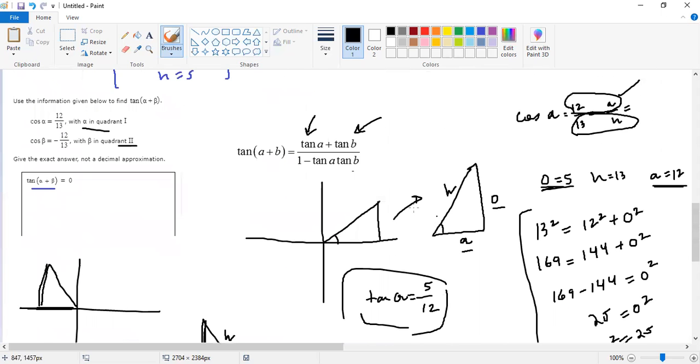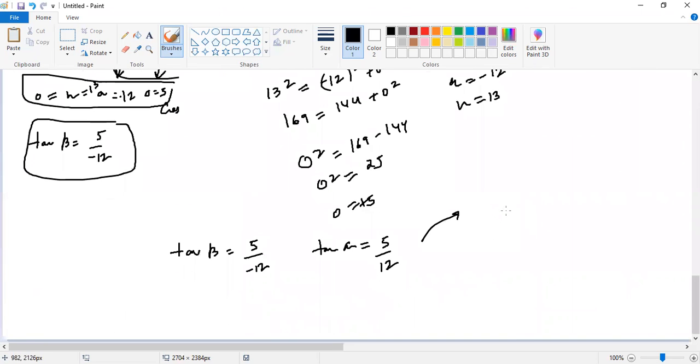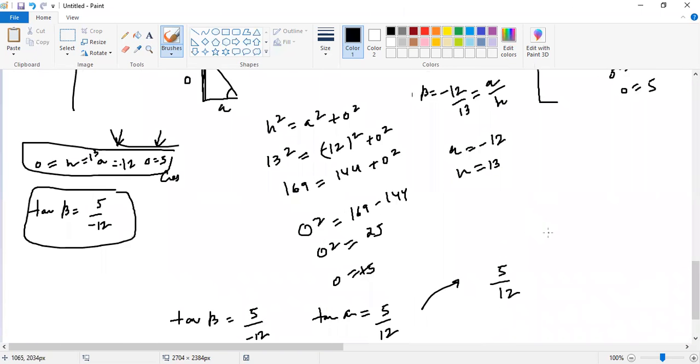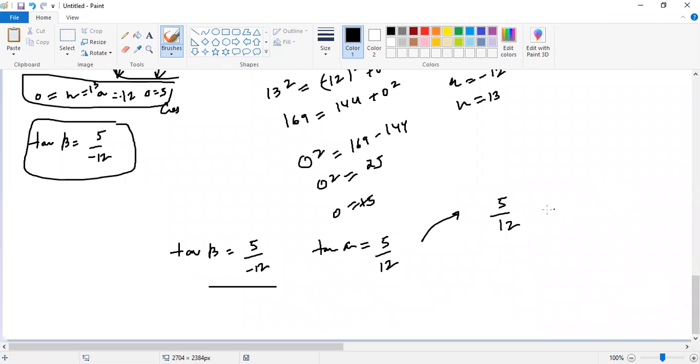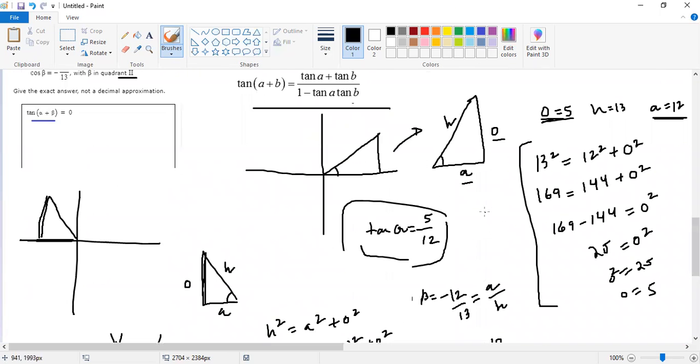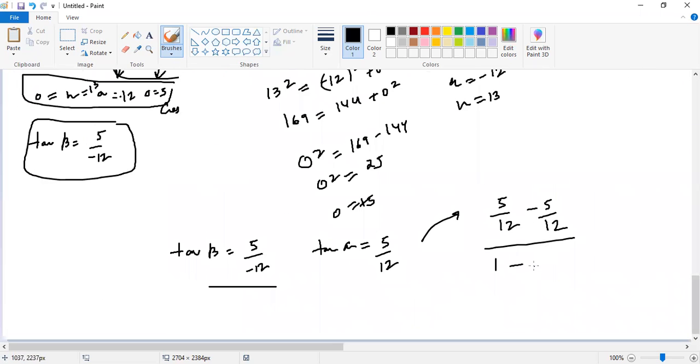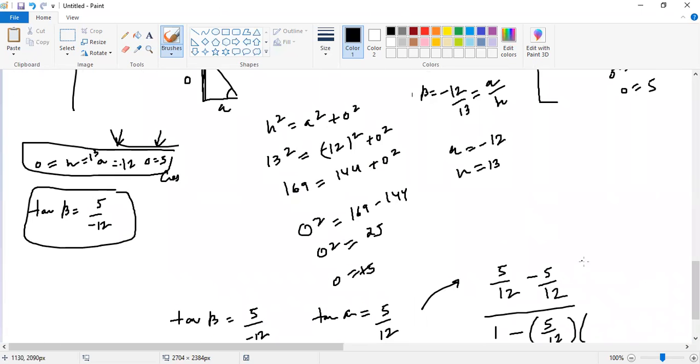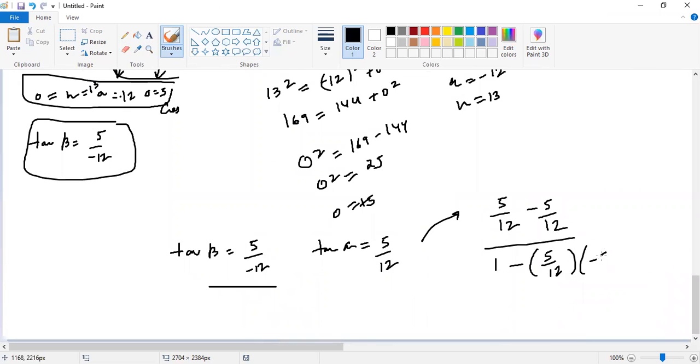And we're plugging into this formula, which says take the tangent of A, which is 5 over 12, and add it to the tangent of B, which would just be negative 5 over 12, over 1 minus the tangent of A times the tangent of B. So that's just 1 minus 5 over 12 multiplied by the tangent of B, which is negative 5 over 12.